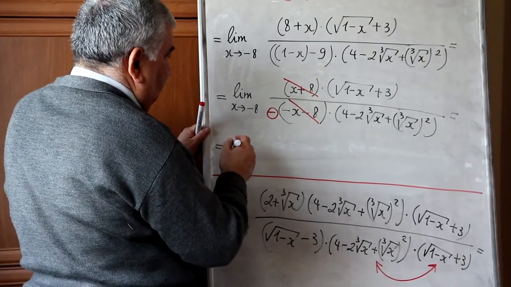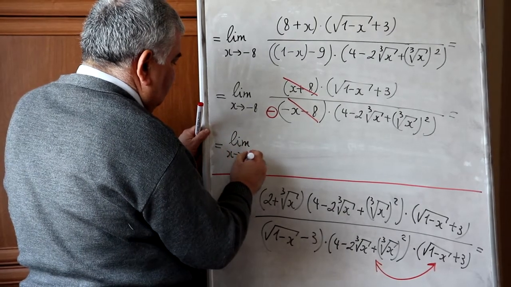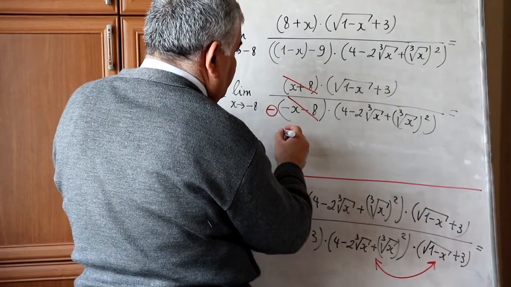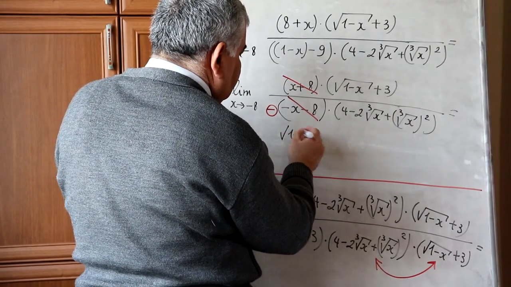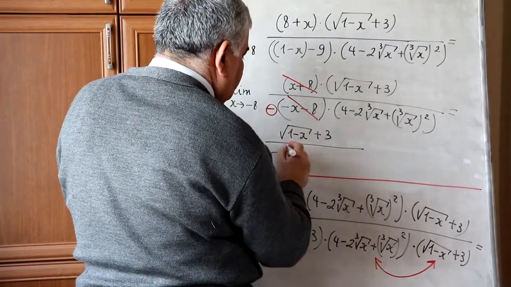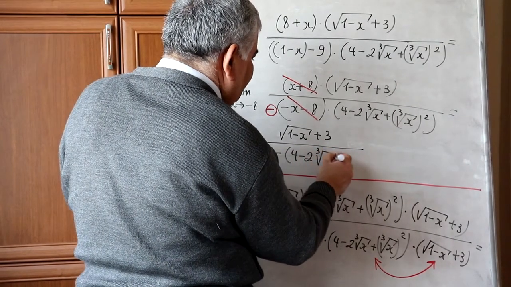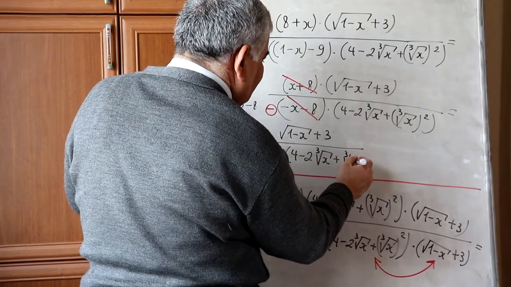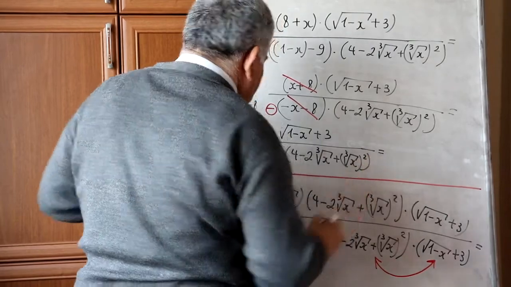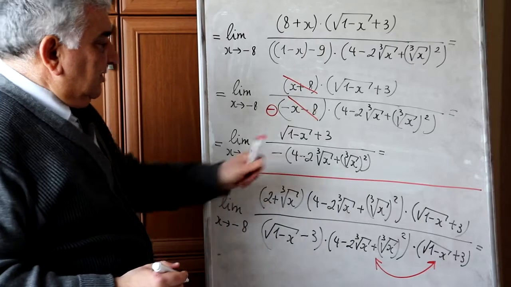And finally we have limit when x tends to minus 8 of square root of 1 minus x plus 3 divided by minus of 4 minus 2 cube root of x plus cube root of x squared, equals. Then substitute minus 8 instead of x in this expression.